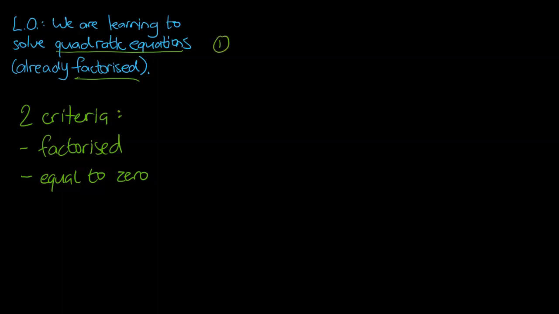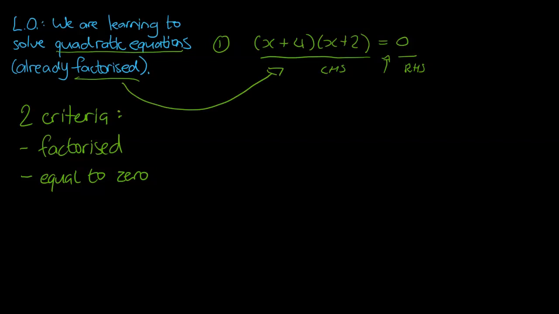Question number 1. So let's say I've got a double bracket. So this here is an equation. So we can see our equal sign. We've got something on the right-hand side, which in this case is a 0. We've got something on the left-hand side, which is an already factorized quadratic, and just linking that to our learning objective, today we're only going to focus on questions which are already factorized.